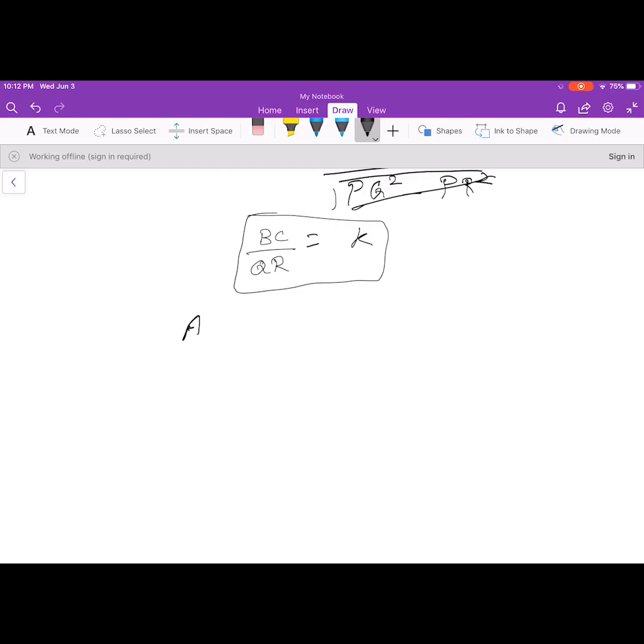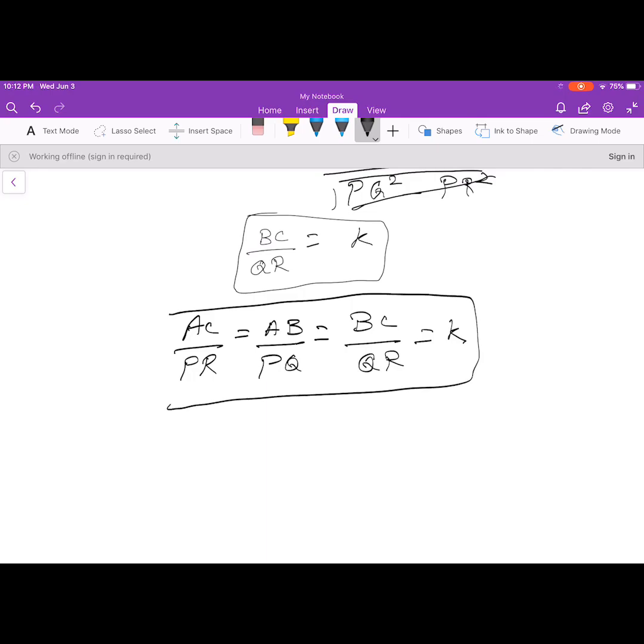AC by PR is equal to AB by PQ equal to BC by QR. All this is equal to K. From this we can conclude that when the corresponding sides of the corresponding triangles are proportional, then the two triangles are similar.